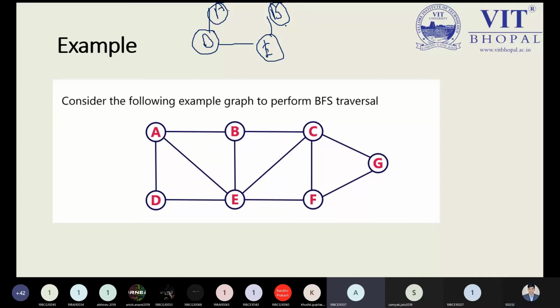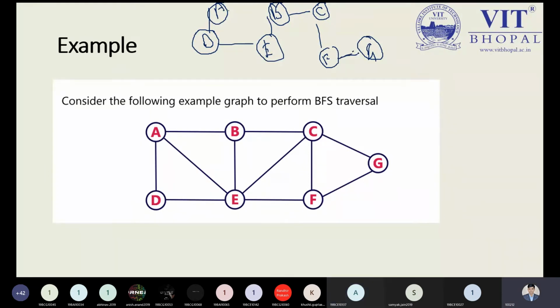C, B, F, C. Then G. Okay, C, and then F, and then G. G is connected to C or F? Sir, it is connected to F. Yeah, connected to F, no problem.